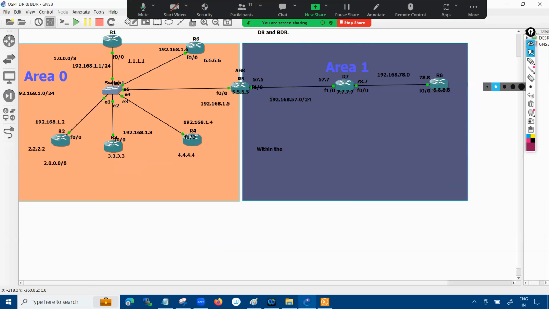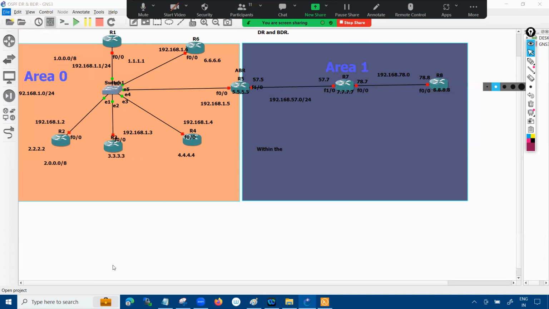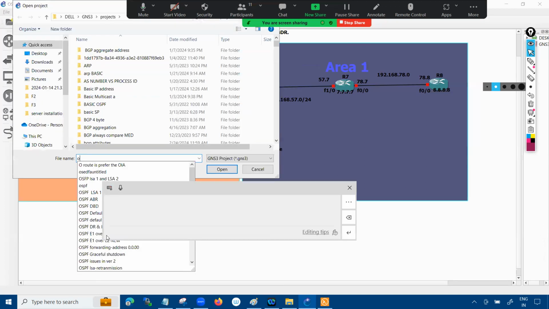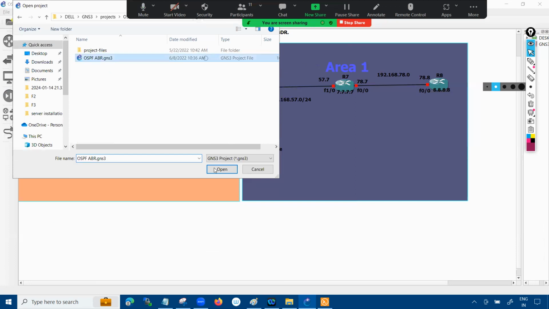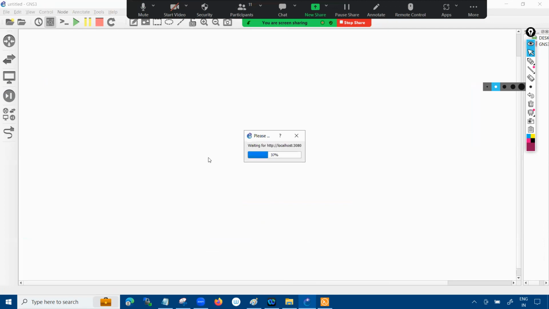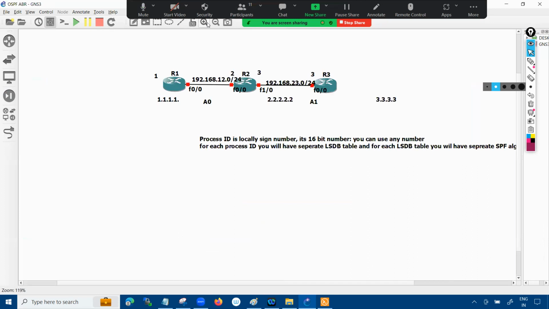But take an example, what happened? Let me stop this. And I'll create one lab. Let me check, I do have a lab on my ABR. Yeah, I have. So understand this lab right now.